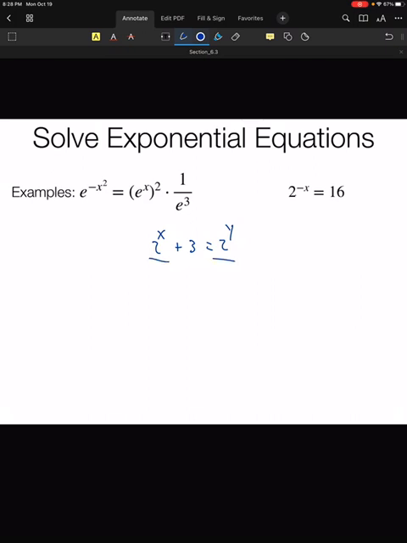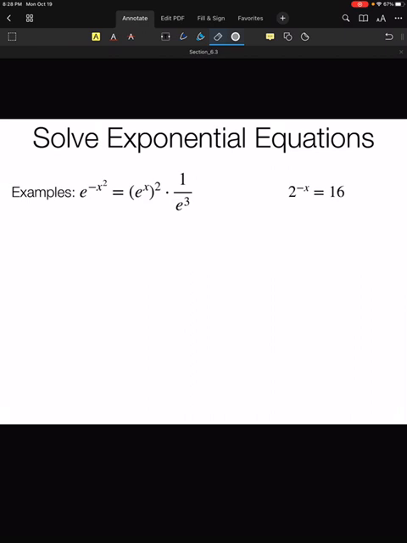Whenever there's a plus 3 in here, or really anything in here, if it's not of the form 2 to the x is equal to 2 to the y, I can't get rid of the bases. Okay, only true when it is this exact form, where of course you could have other numbers than 2 and other things in the exponent other than x and y, but hopefully you know what I mean there. So anyway, that's important to keep in mind.